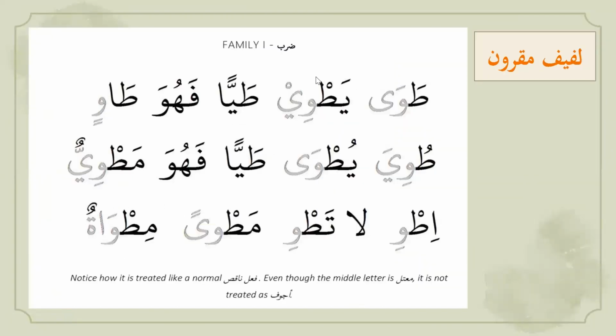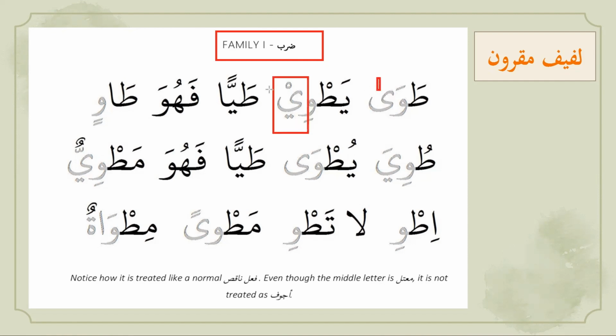Now another example of Lafif Maqroon, but this time this is from family 1, Sulasi Mujarrad, and subfamily Daraba. So tawa yatwi tayan fahuwa tawin. Again, naqis words, past tense alif maksura, present tense ending in ya, and ism fa'il on the pattern of fa'in, ism maf'ul on the pattern of maf'ilun, matwiyun.